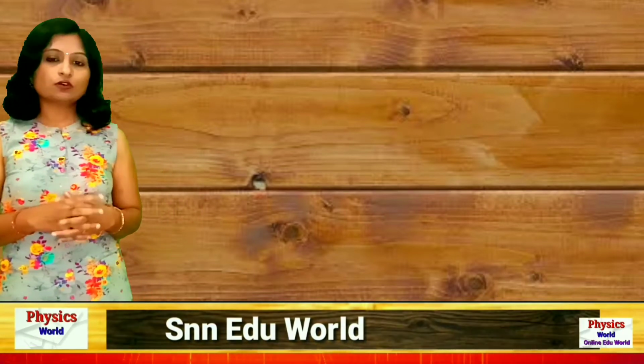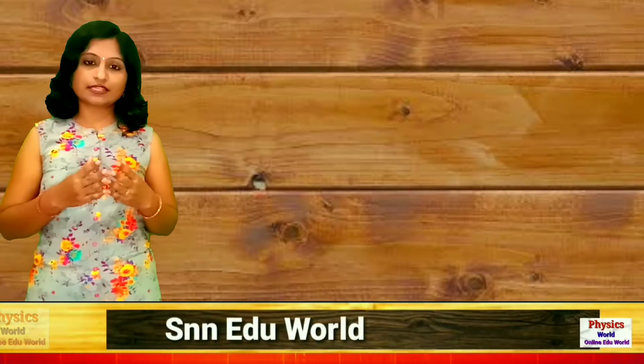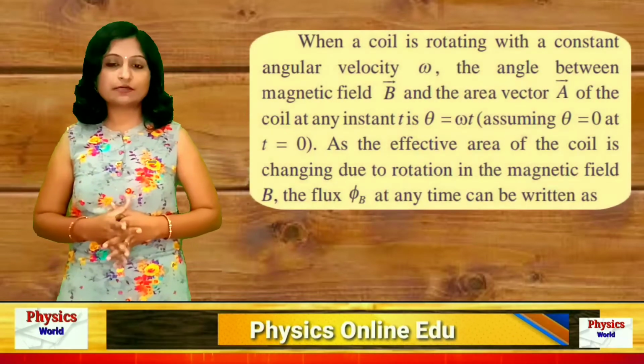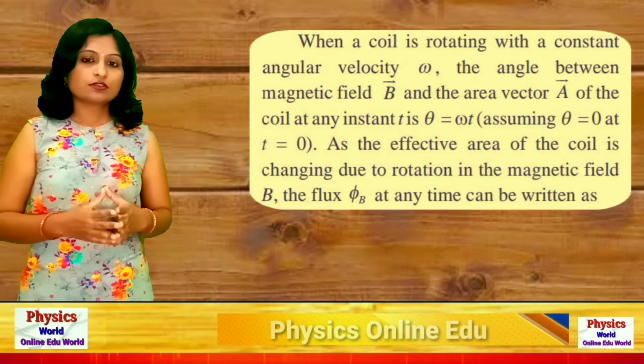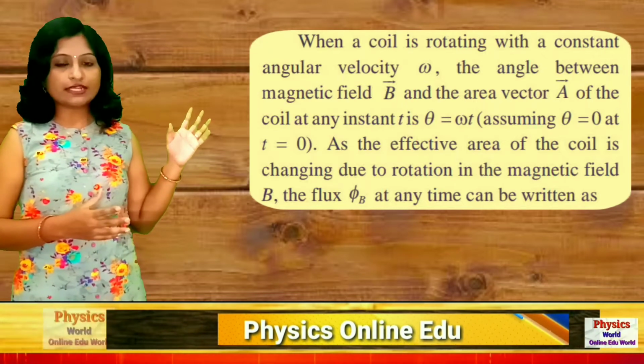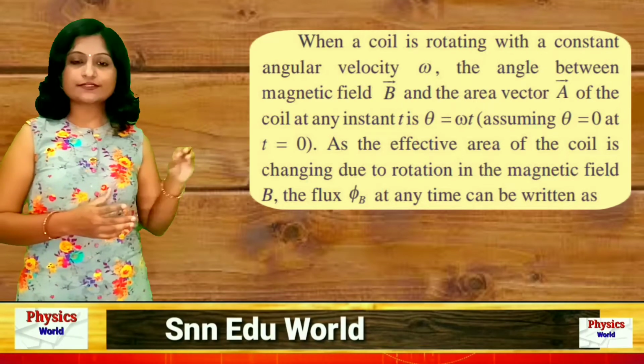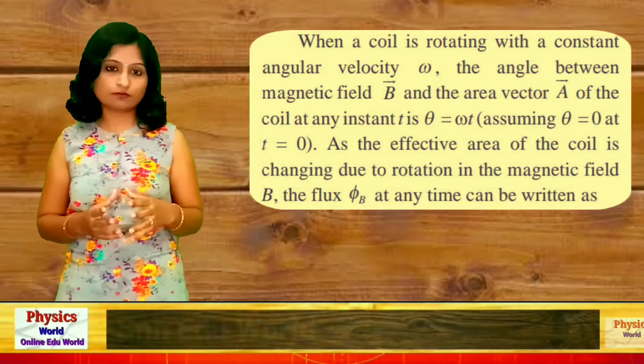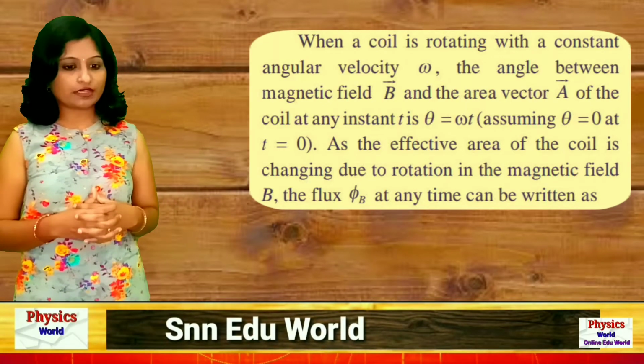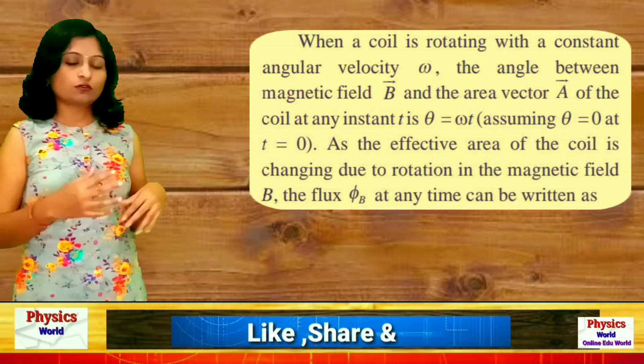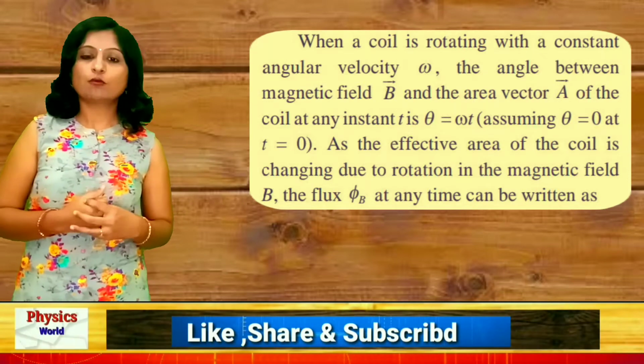Okay, so now we'll discuss the explanation with the help of mathematical expressions. So when the coil is rotating, it is rotating with a constant uniform angular velocity omega. Okay, so rotation of the coil with angular velocity omega will be there.